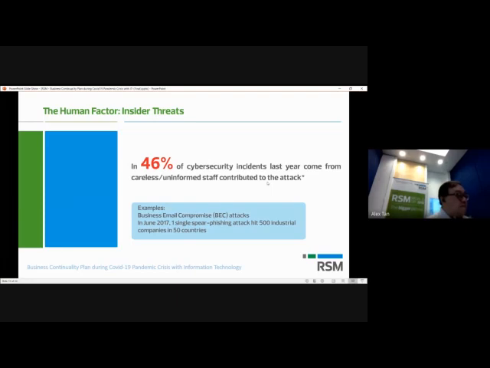Spear phishing is a fraudulent practice of sending emails ostensibly from a known or trusted sender in order to induce targeted individuals to reveal confidential information. For example, a cyber criminal uses a similar email address that appears to come from a company, sends it to the company's clients and asks for payment.